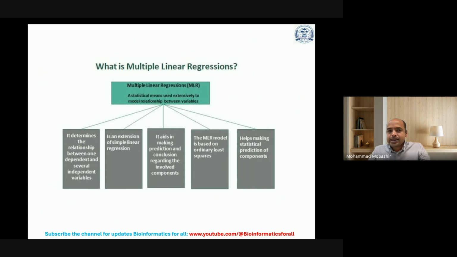It determines the relationship between the dependent and independent variables. It is an extension of simple linear regression. It helps in making predictions and conclusions regarding the involved components. It is based on ordinary least squares, and it helps in making a statistical prediction of the components.